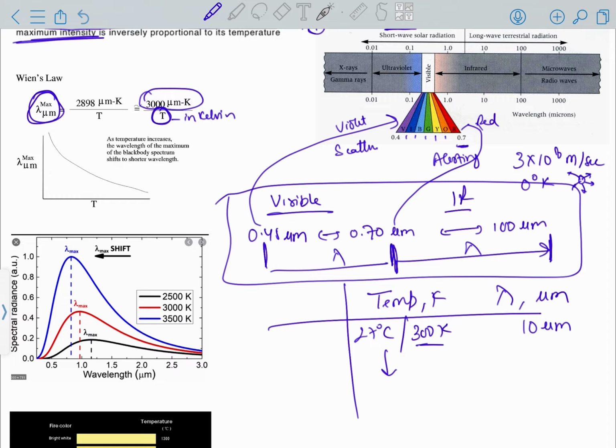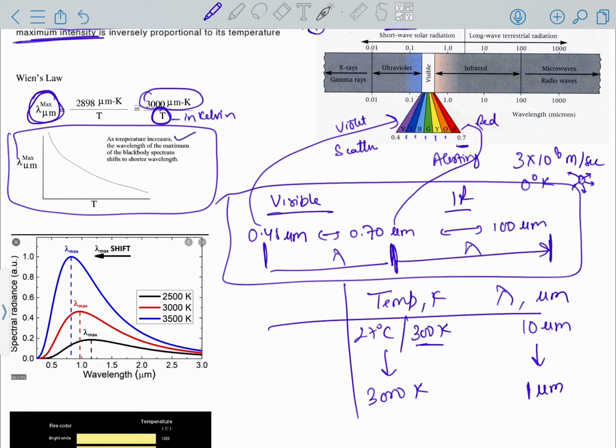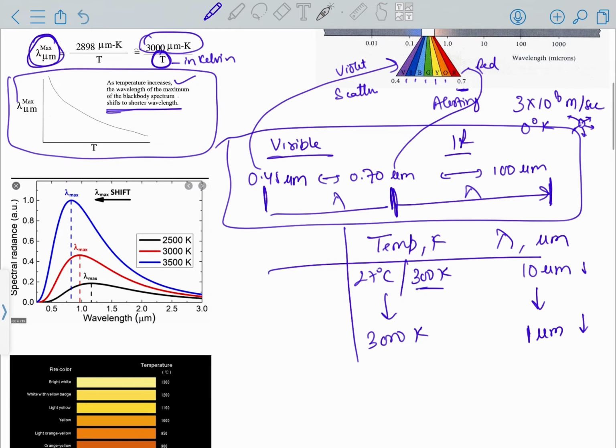If we increase the temperature to 3000 Kelvin, the wavelength comes out as 1 micrometer. This is what the curve is showing: as the temperature increases, the wavelength of the maximum of the black body spectrum shifts to shorter wavelengths. From 10 micrometer to 1 micrometer, and if we increase the temperature further, the wavelength will reduce further.